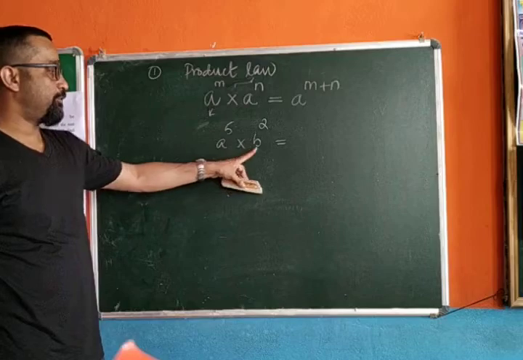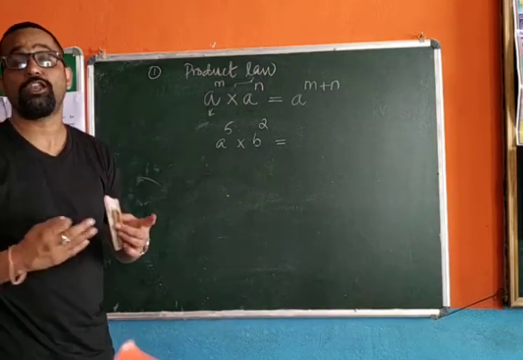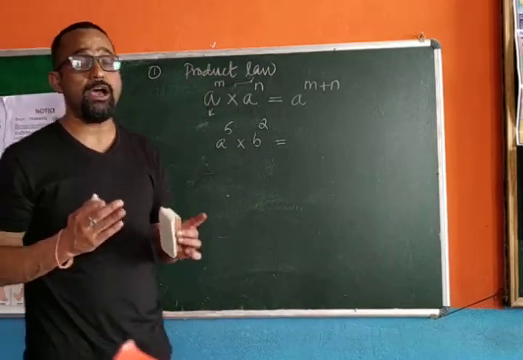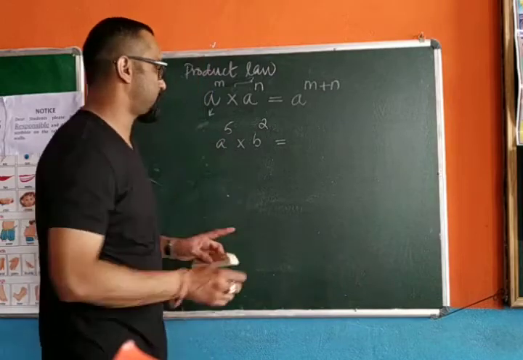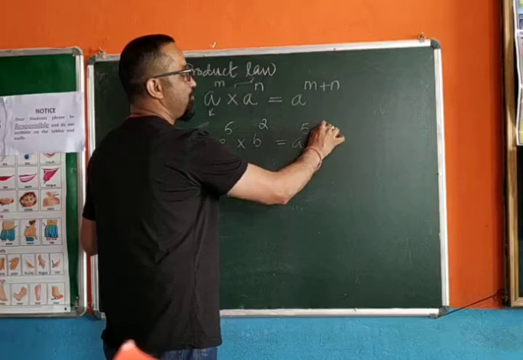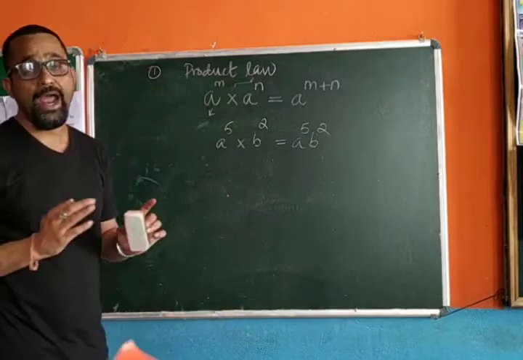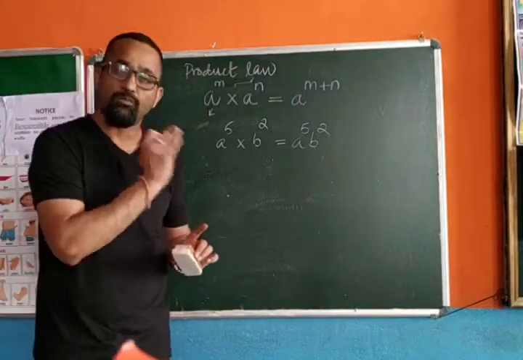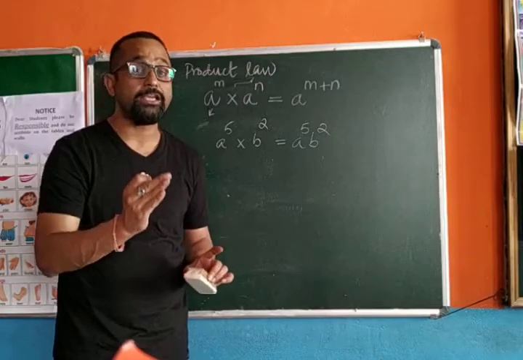Base is a, for the second one base is b. You cannot add the power because they have two different bases. So straight away write a to the power of 5, b to the power of 2. No addition of power in case of unlike bases.